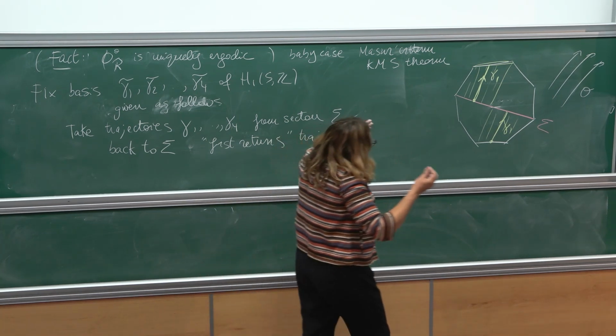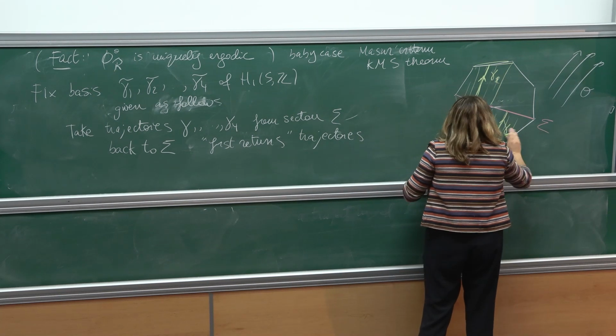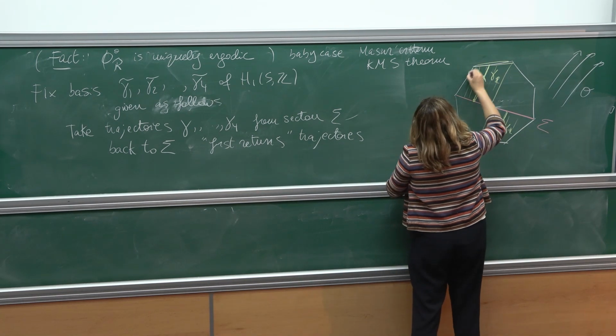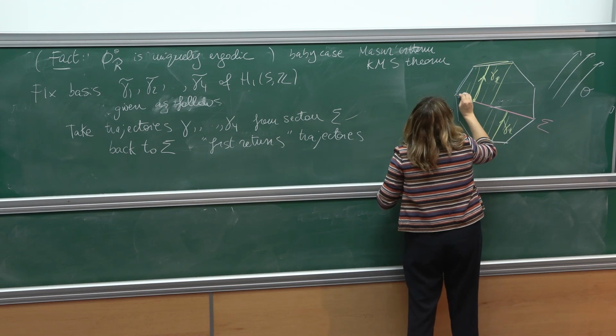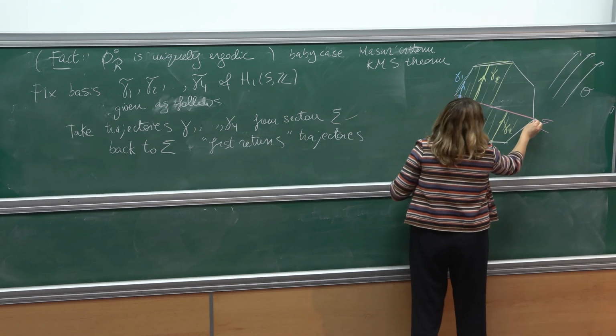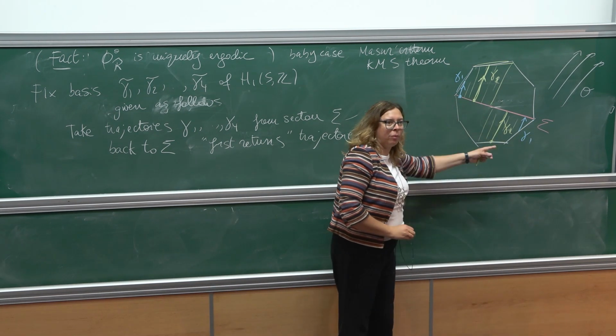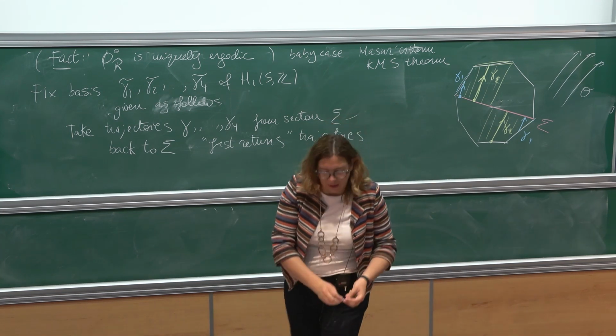Maybe I should call this gamma 2. So gamma 1 is take any point which hits the first side. It comes back here, right? This is another way that I can come back, and topologically they are not the same.